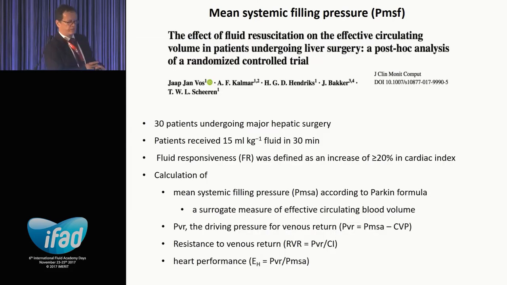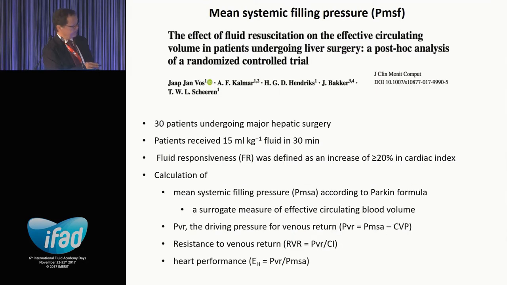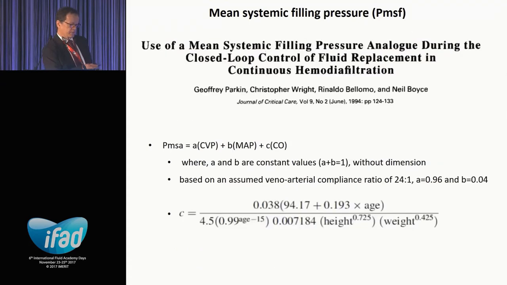So our patients received a fluid bolus, and we calculated these mean systemic filling pressures according to this Parkin formula, which I show you in the next slide. We also calculated the driving pressure for venous return, which is the difference between the mean systemic filling pressure and the central venous pressure. And we also calculated the resistance to venous return and this heart performance, which I just showed you in the previous slide.